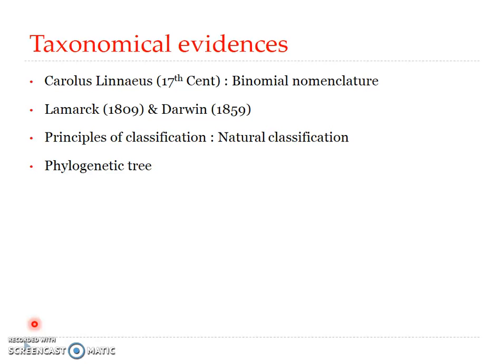evidence for organic evolution. The systematic, scientific study of the classification of organisms was developed only in the 18th century, and before that classification was very artificial, in the sense that organisms were classified on the basis of their superficial characters or arbitrary characters, or the habitats in which they are found, such as aquatic animals, terrestrial animals, air animals, etc. And Aristotle classified organisms into three divisions, namely plants, animals, plant animals.